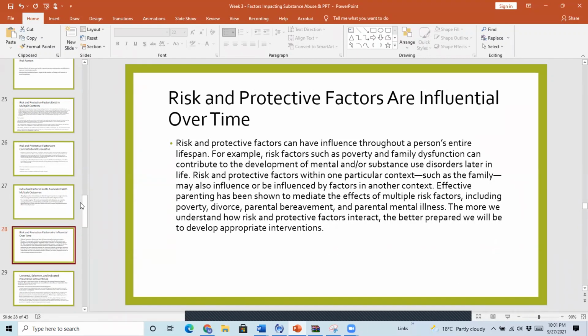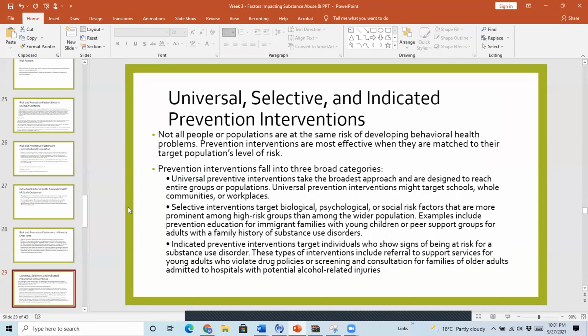So life events like poverty, divorce, somebody passing away, let's say bereavement, parental mental illness, all of those things can lead to a person potentially developing an addictive disorder. Now, positive life events can also create a very profound impact as far as offsetting that addictive disorder as well.